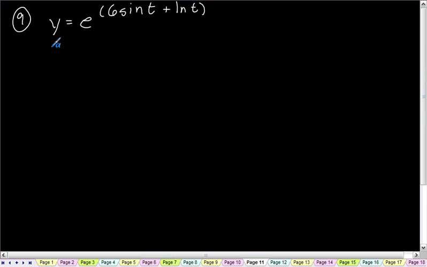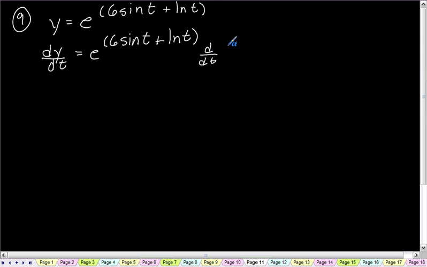Let's take the derivative of both sides. dy/dt is equal to the derivative of this, which is just that again without changing anything, and then times the derivative of this part right here. We have to find the derivative with respect to t.